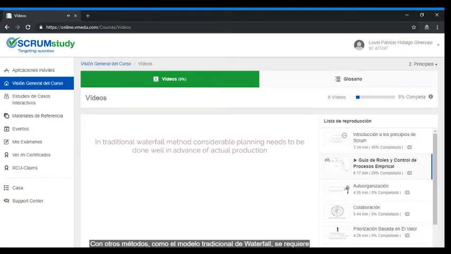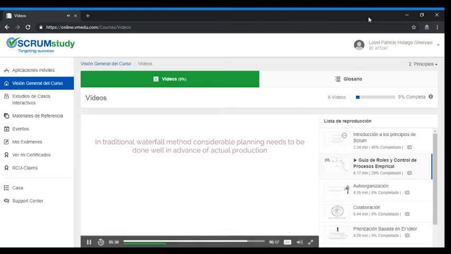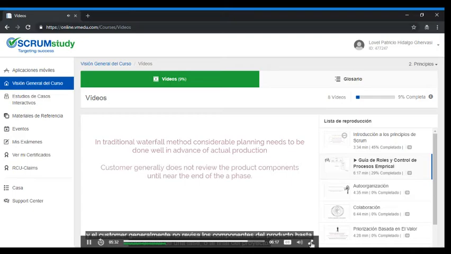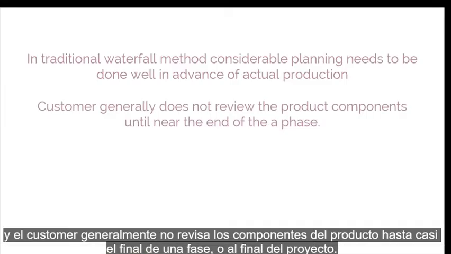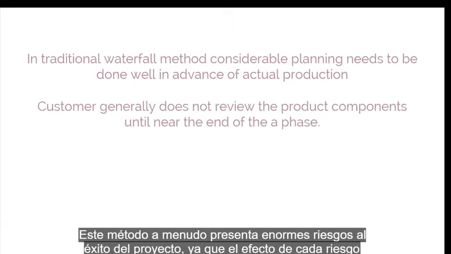With other methods, such as the traditional waterfall model, considerable planning needs to be done in advance of actual production. And the customer generally doesn't review product components until near the end of a phase or the end of the entire project.